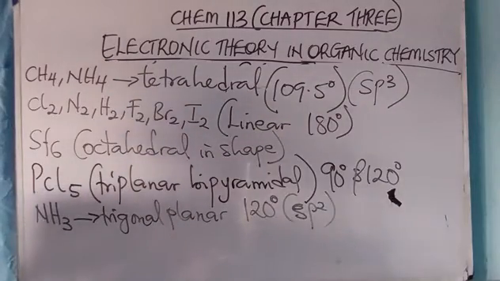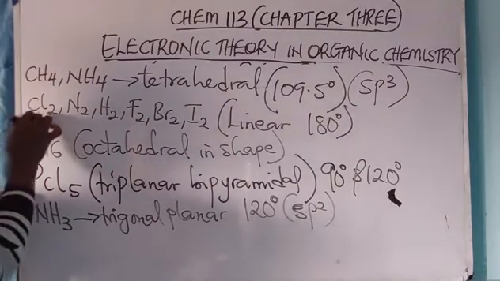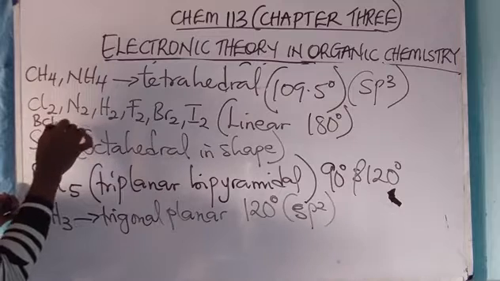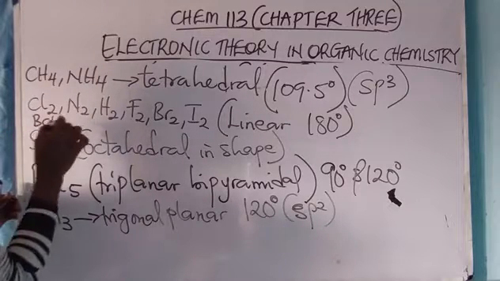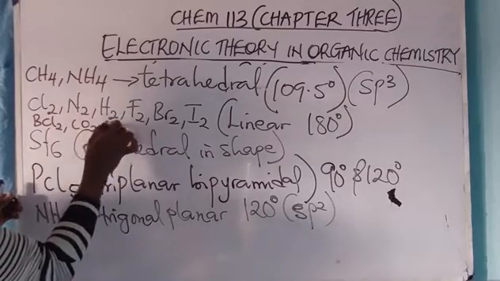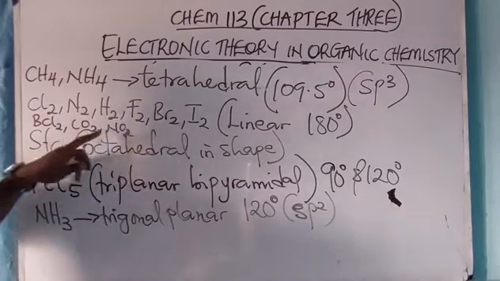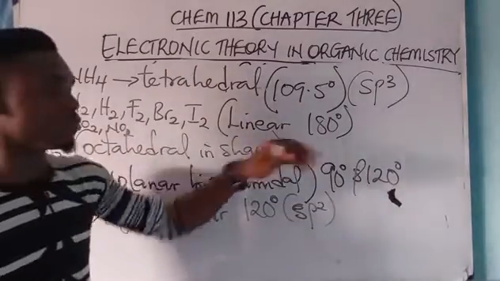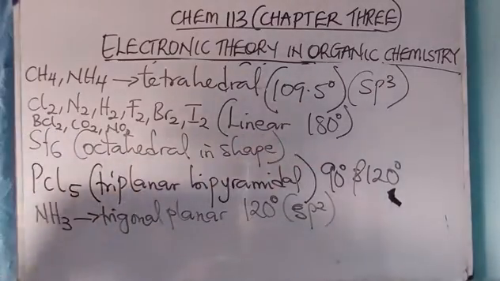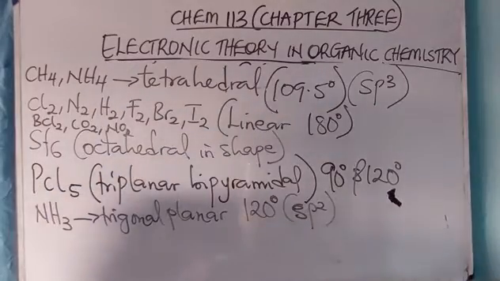Other compounds such as beryllium chloride, carbon dioxide, nitrogen dioxide, they are all linear in shape, and they have a bond angle of 180 degrees.